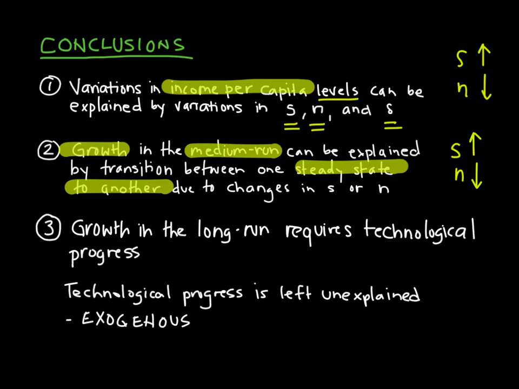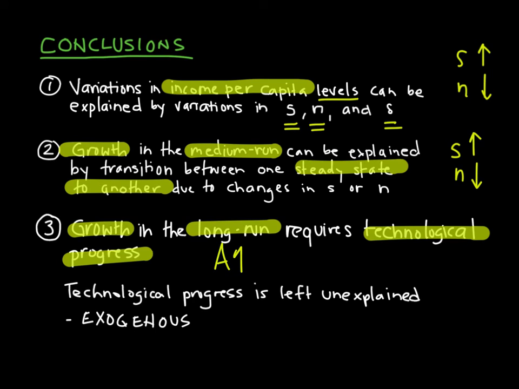All of these, changing the savings rate, changing the population growth rate, give us no impact on the long run growth rate. Growth in the long run requires technological progress. So the only way that we can grow in the long run is if our A variable is increasing.